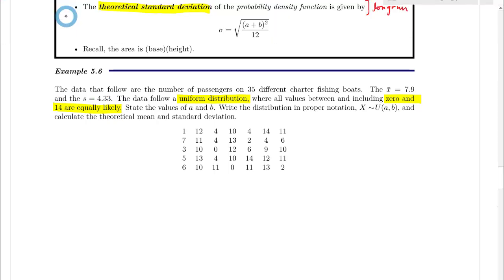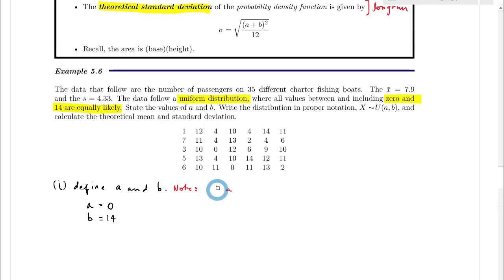So let's go ahead and start our list. The first thing we want to do is define a and b. So a is equal to 0 and b is equal to 14. And just so you want to note here on the side, which might be helpful, is that b is usually the right endpoint.